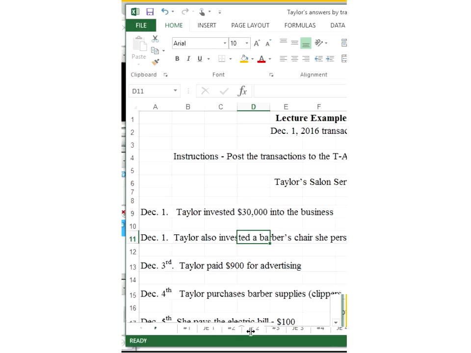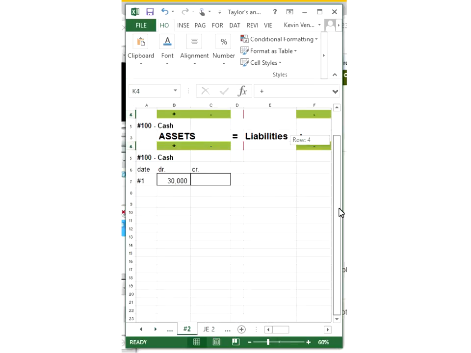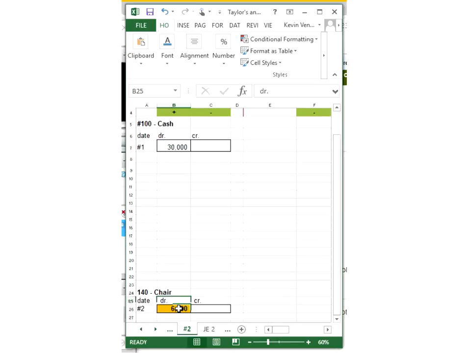So I'm going to pull up my T account again. Under the assets, I've already got the cash. Now I've added a chair account. And more specifically, I'm going to call this equipment-chair. I'm going to say that it's a long-term asset by indicating it's equipment.